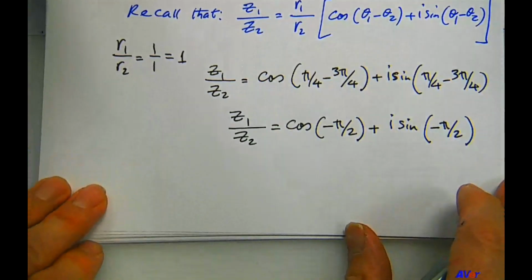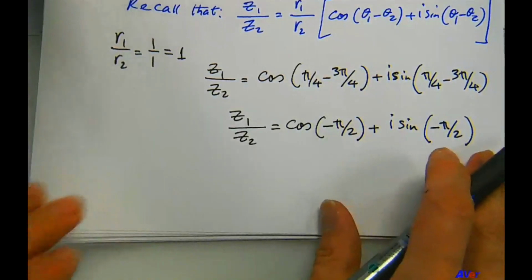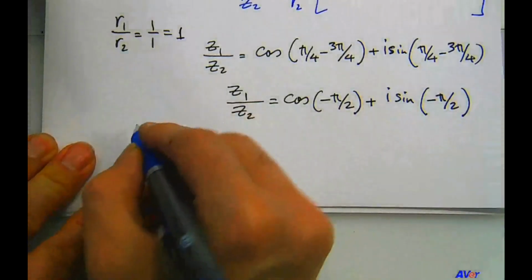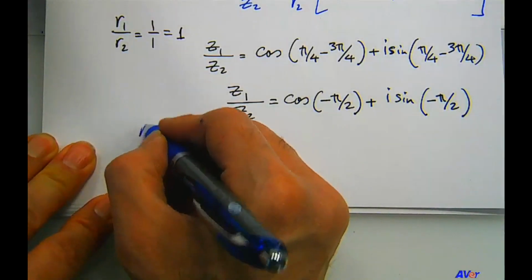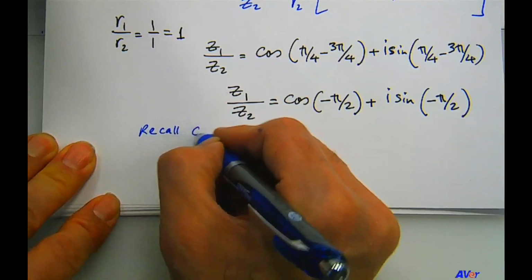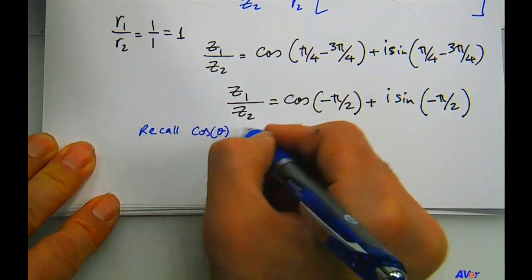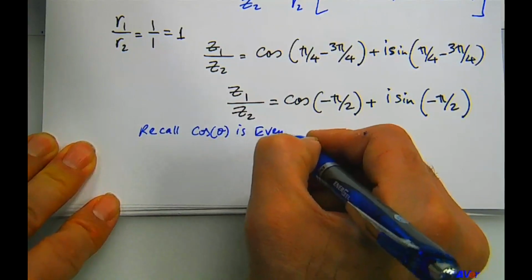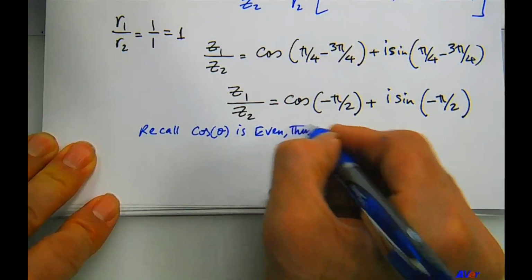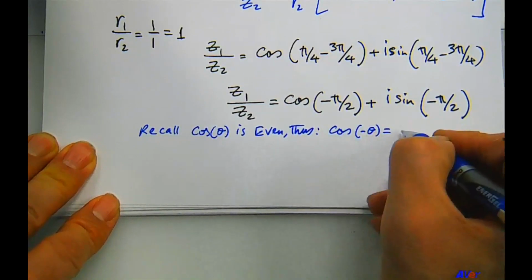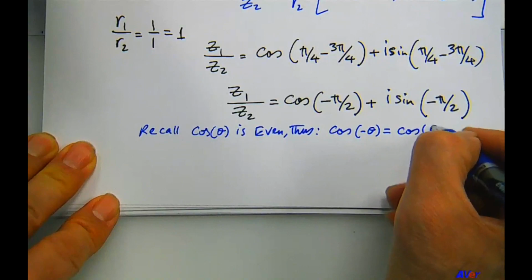So recall, let me write this down here. Recall cosine of theta is even. Thus, cosine of minus theta equals cosine of theta.